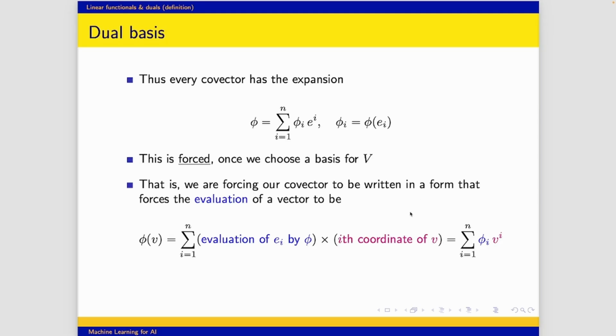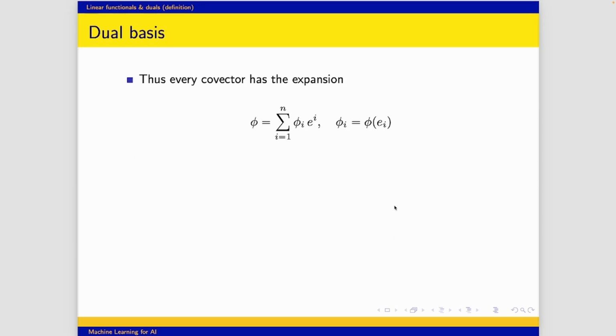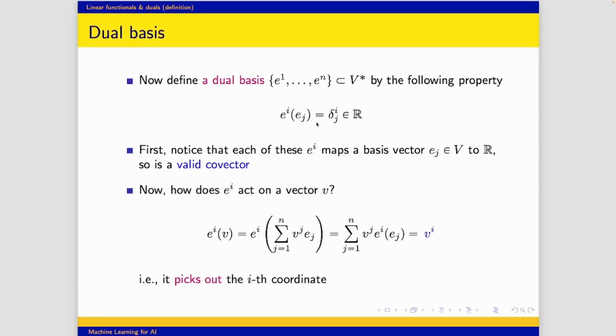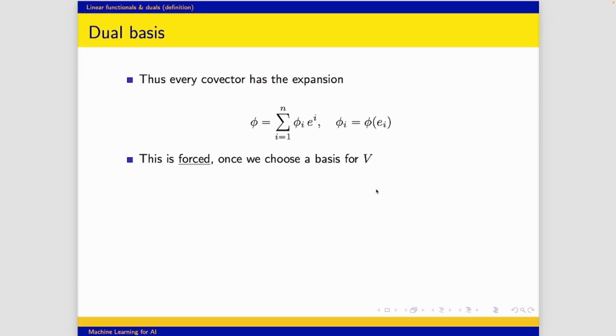So we have forced this outcome by choosing the basis. Once we fix the basis for V, we choose our dual basis like this to force this outcome.